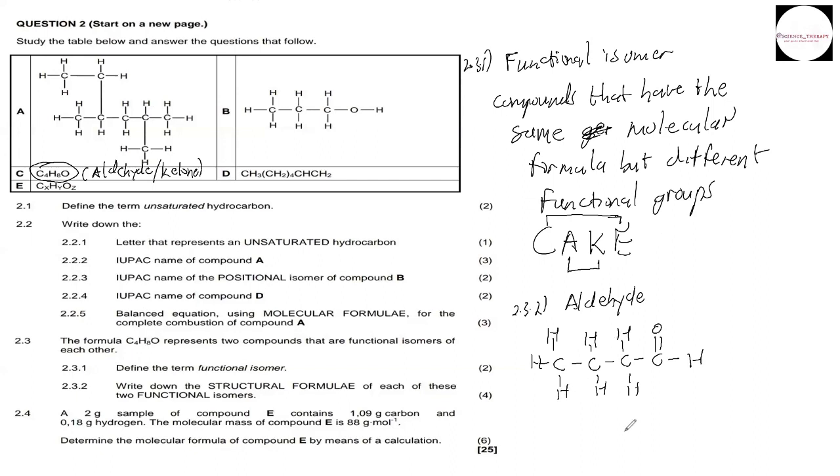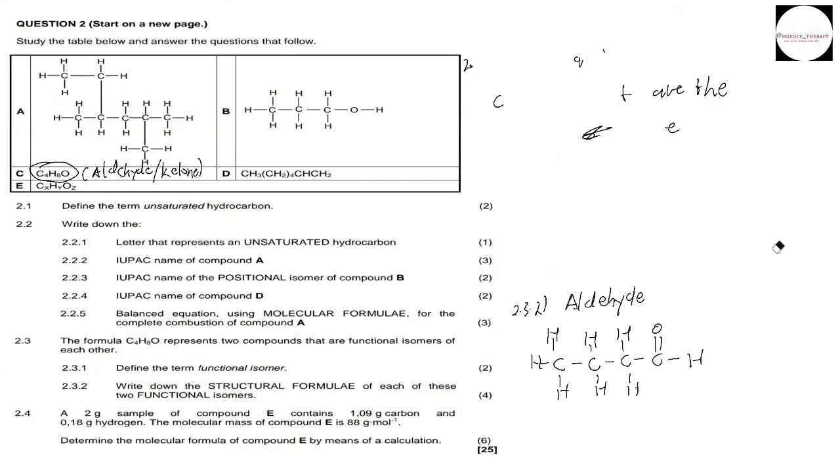But what about the structural formulae of the ketone now? Still using the same molecular formula. And then now to make it a ketone, remember, the double bond oxygen should be in between the carbon that is surrounded by 2 other carbons.